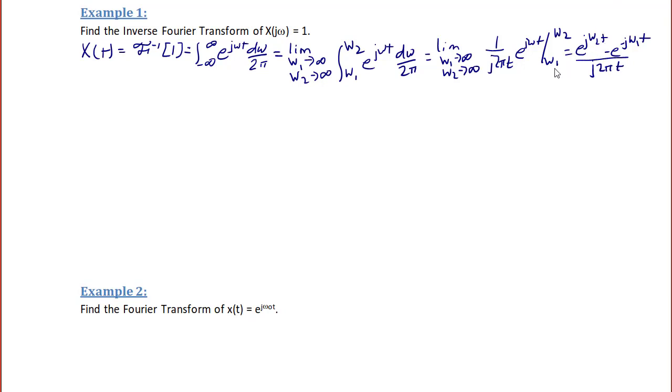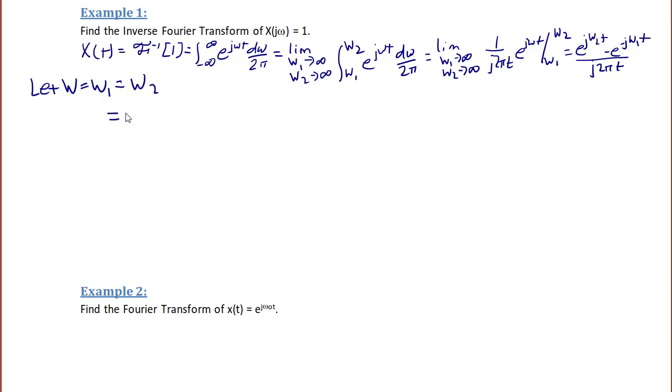Since e to the j w2 t and e to the negative j w1 t are both complex exponentials, as w1 goes to infinity or w2 goes to infinity, it will only rotate, but it will never converge. So we need to find another method in order to solve this problem. And the way we're going to do this is we're going to let w equal w1, which equals w2.